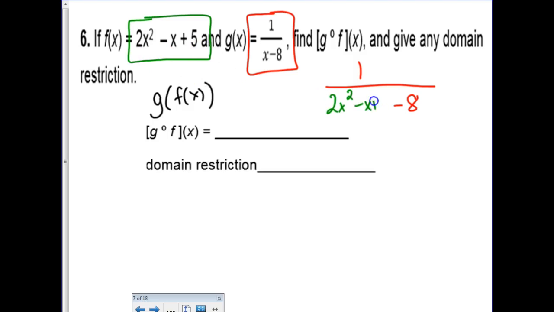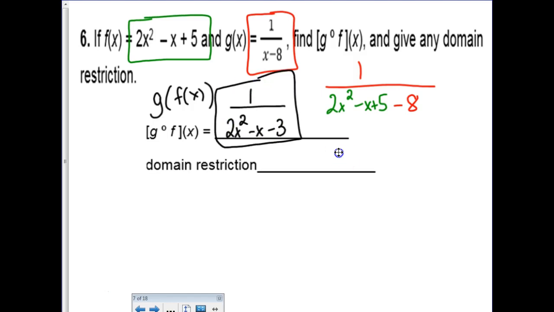Super. Okay. So that's not simplified clearly. Let's do a little simplifying here on the denominator. I have 1 over 2x squared minus x minus 3. That's as simplified as you can get for your function for now. But we do have to talk about domain restrictions.